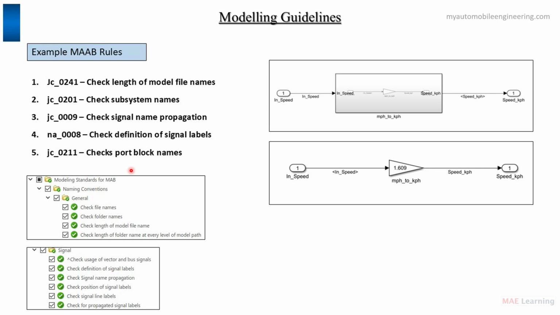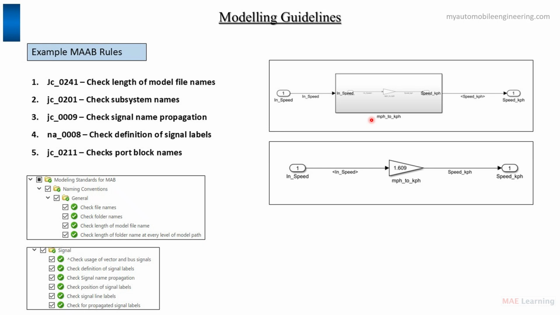So how does it work? You can see in the diagram here that all the wires and blocks are named clearly. Here you can see the subsystem name is given, the block name is also given, and no long or confusing names are present. Signals like in_speed and speed_kph help everyone understand what is going on.